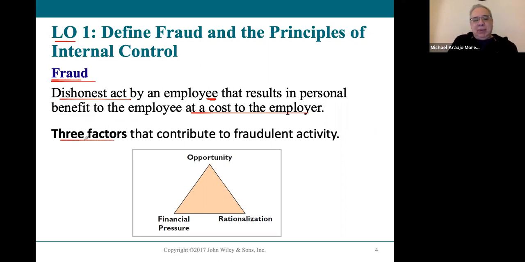Your book labels things as three factors that have to come together for fraud to happen. And like I said, the very first factor is employees have the opportunity to handle your assets. Cash is the most vulnerable of all the assets. If you walked down the street and you looked down and there was a $20 bill there, you probably just pick it up and keep walking. No one would be picking it up saying, did anybody drop a 20?